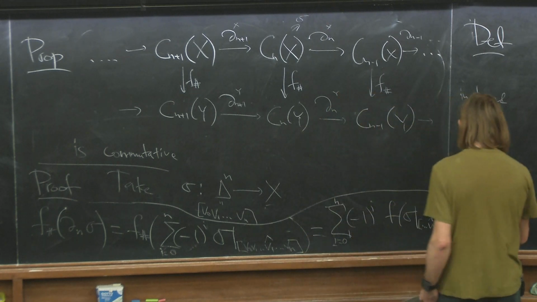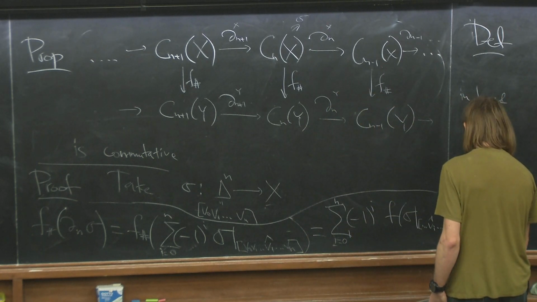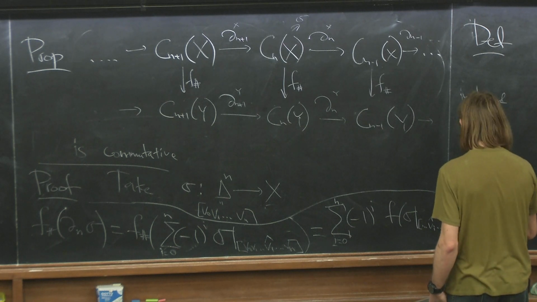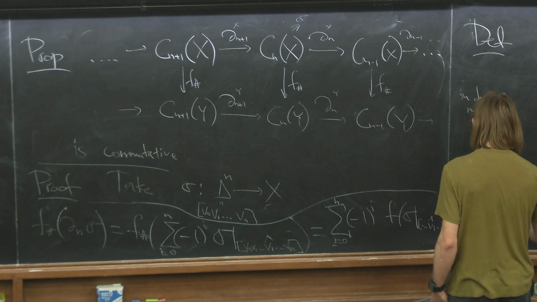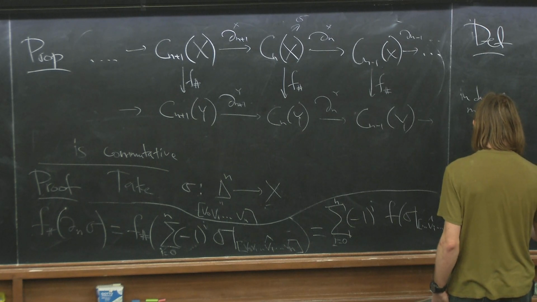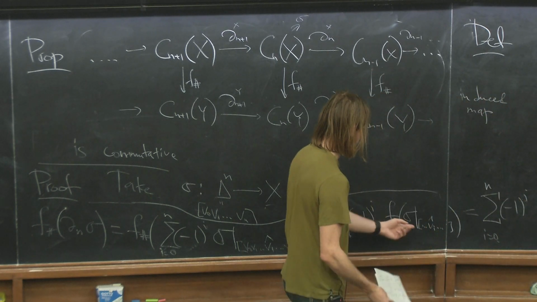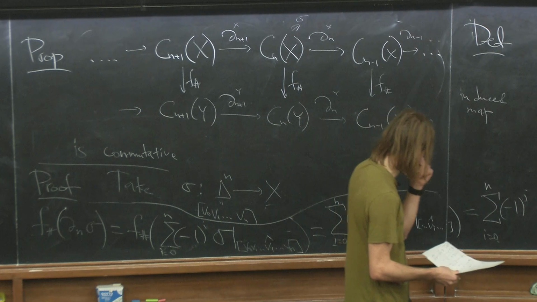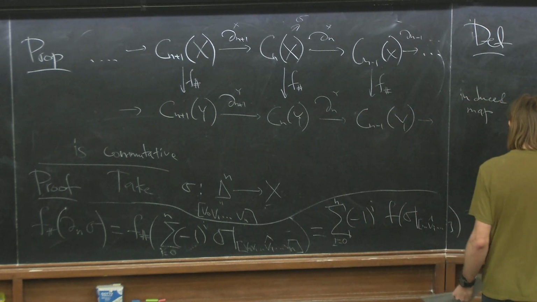It's the same, because I do a restriction on the domain of my map, which is the n simplex.